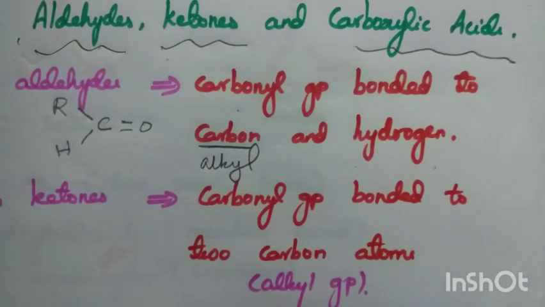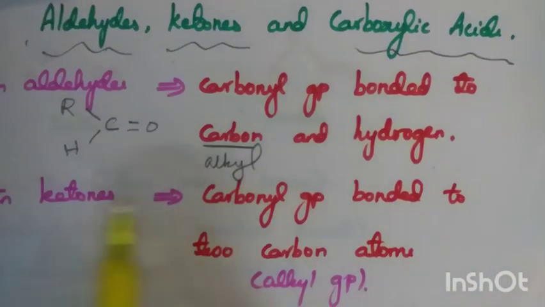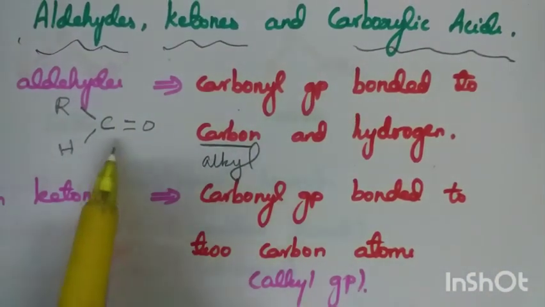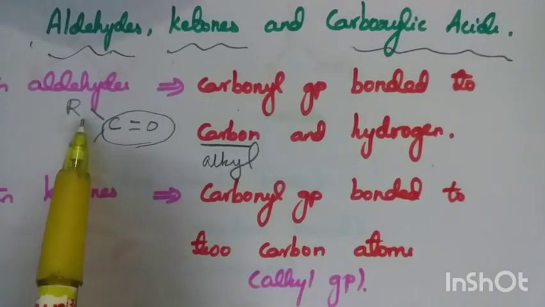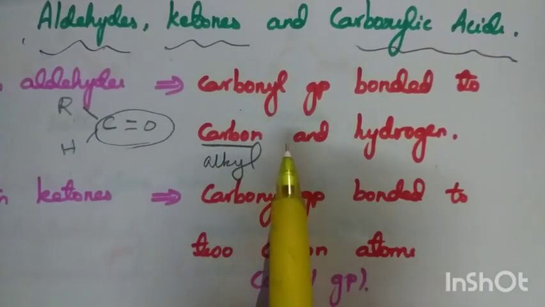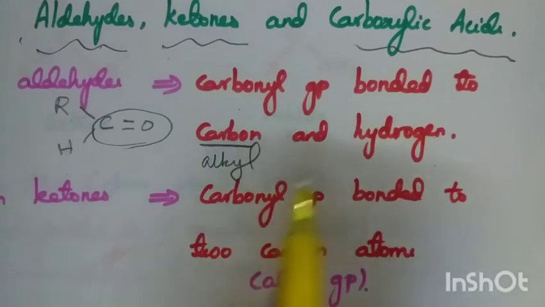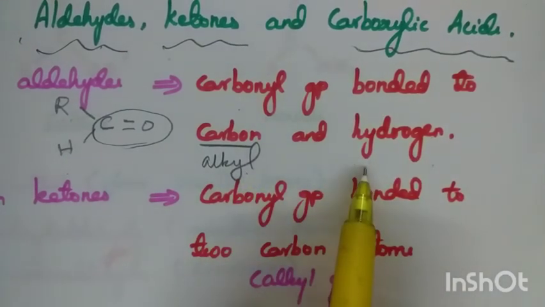So C double bond O is the carbonyl group, and to that, alkyl and hydrogen are attached. So in an aldehyde the carbonyl group is bonded to carbon and hydrogen.